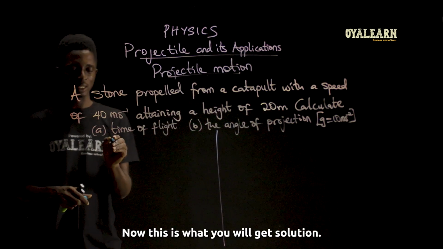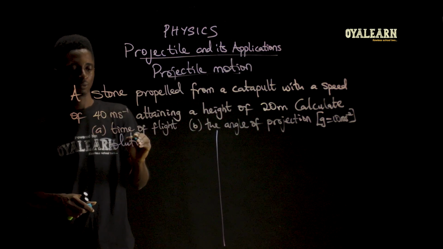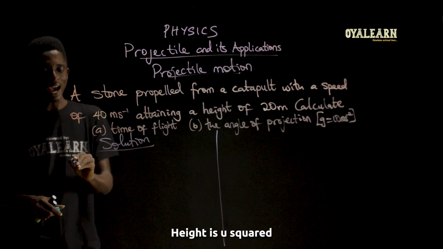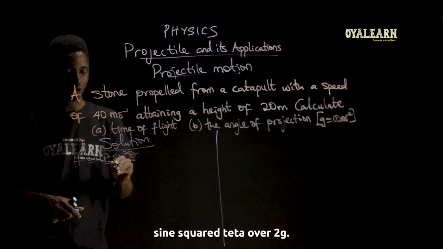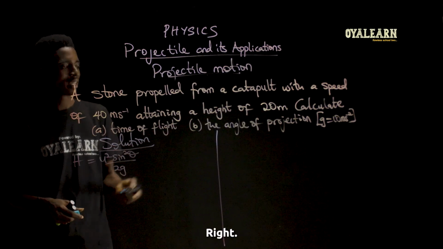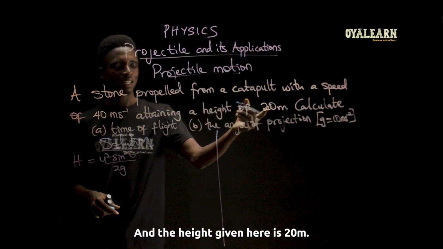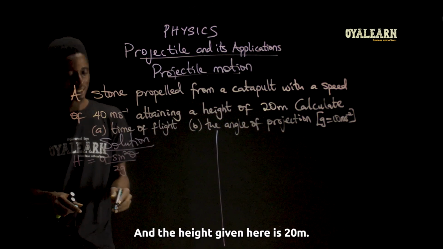Now, this is what you get. Solution. Height is u squared sine squared theta over 2g, right? And the height given here is 20 meters.